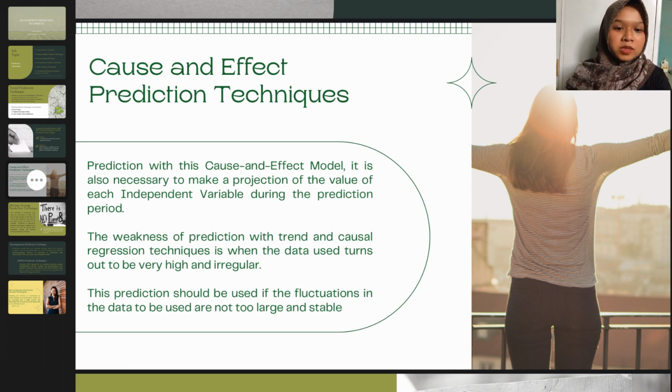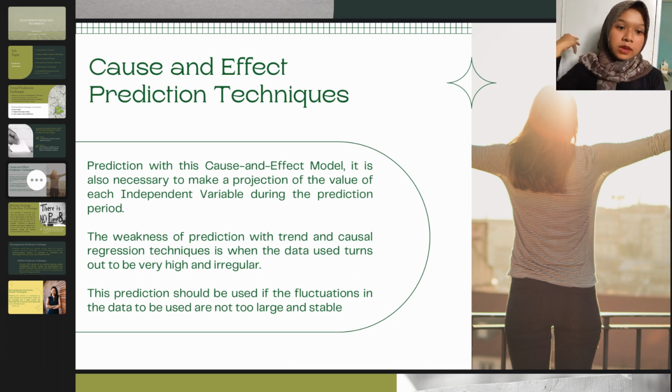To be able to make predictions with the cause and effect model, it is also necessary to make a projection of the value of each independent variable during the prediction period. The projection technique can be used in the form of linear or nonlinear trend regression.